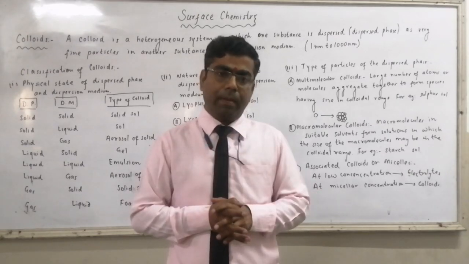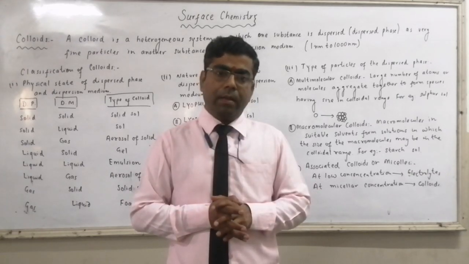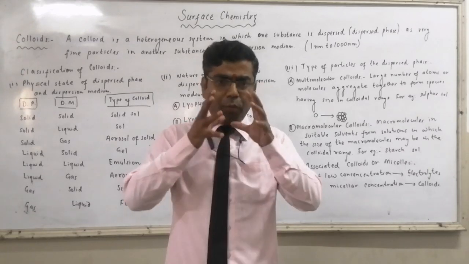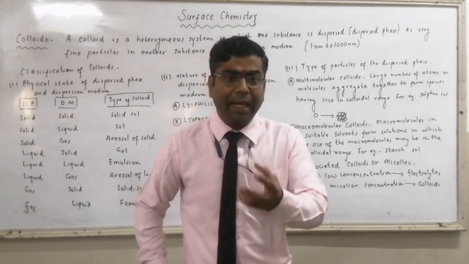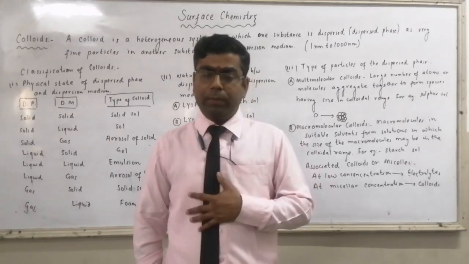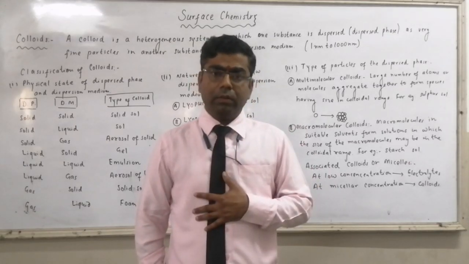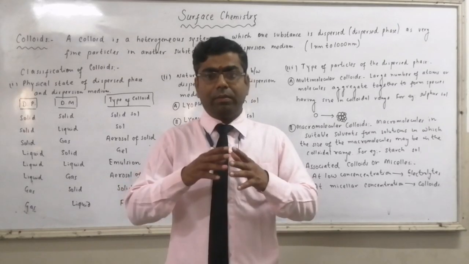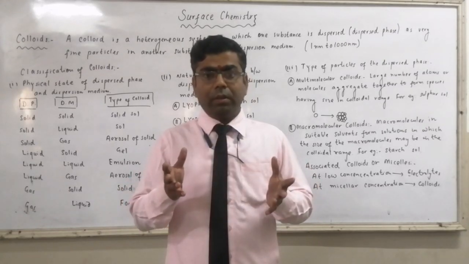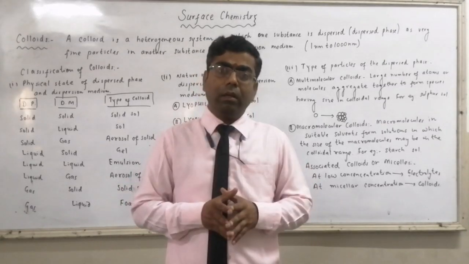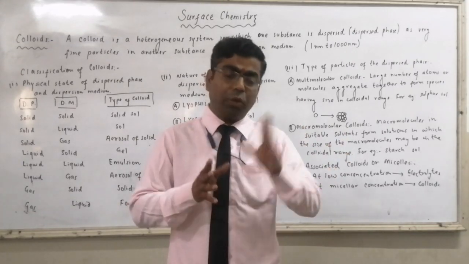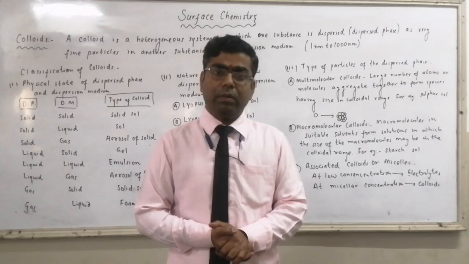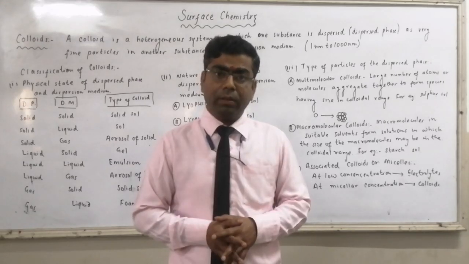But if a collection of sulfur molecules is taken, or if we get aggregates of sulfur molecules, then after the aggregation, the size of the particle will lie in the range between 1 nanometer to 1000 nanometer, and we get the colloid.